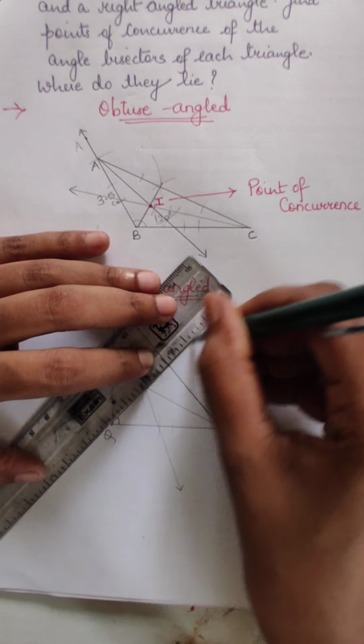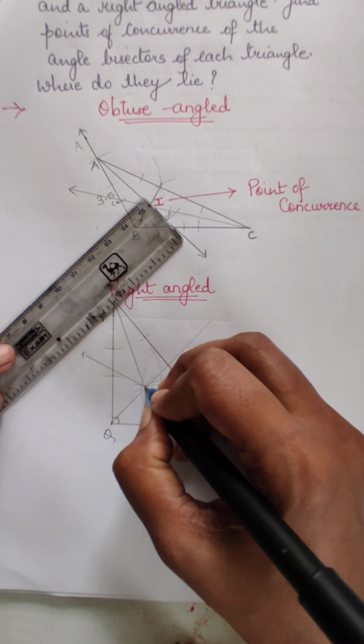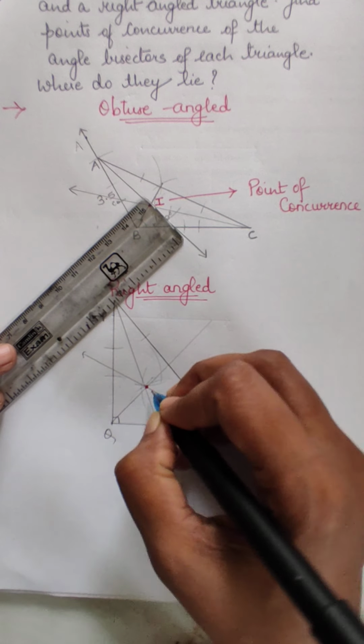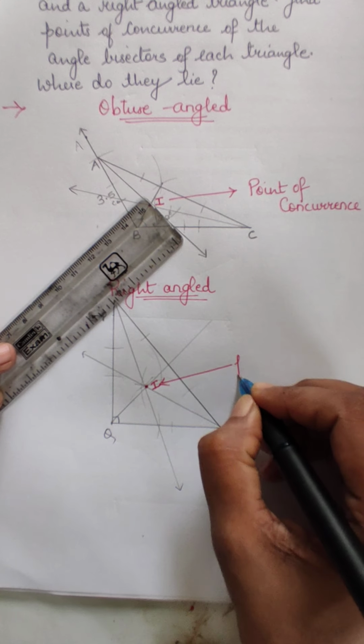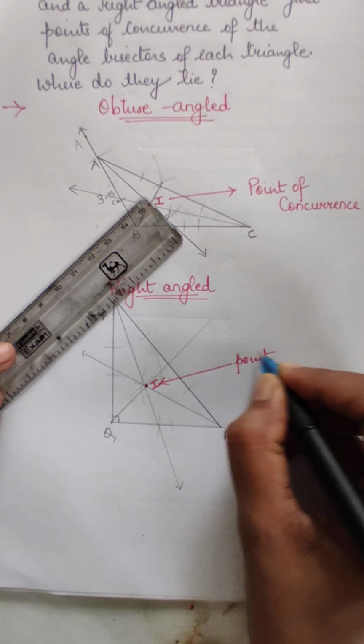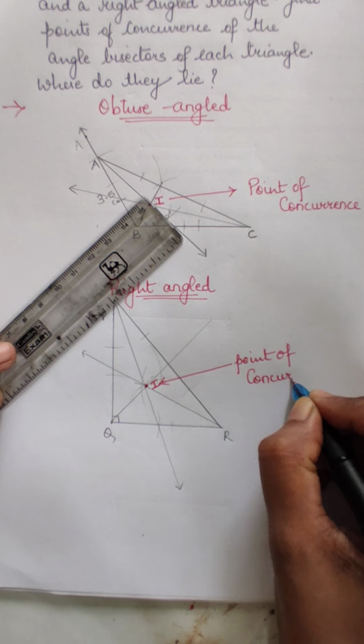Then join this. Now here again the point of intersection is I, which is called the point of concurrence.